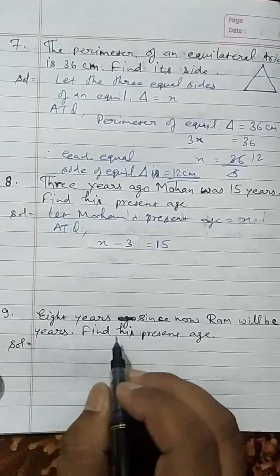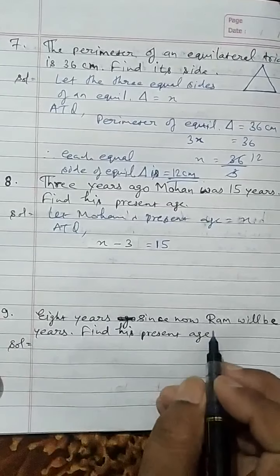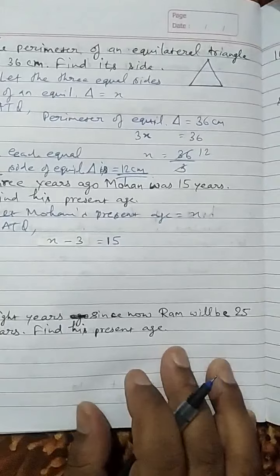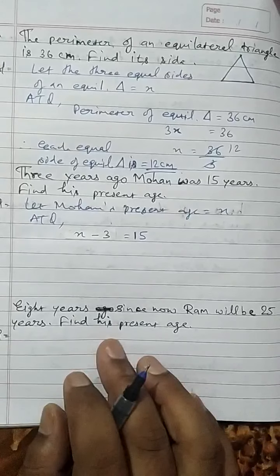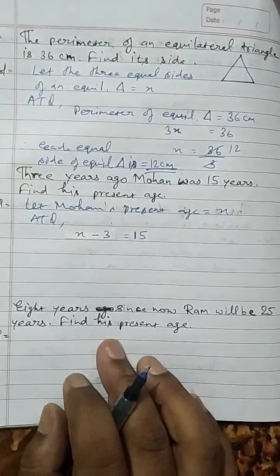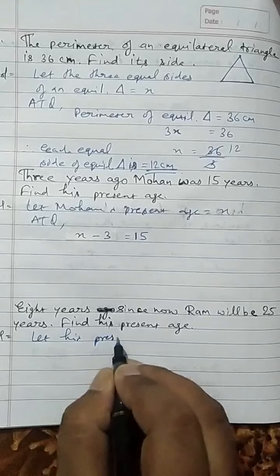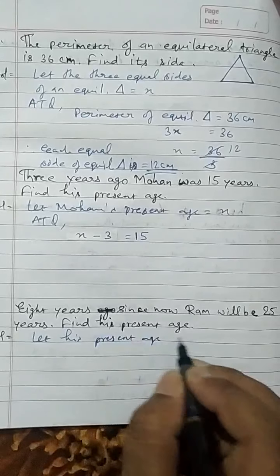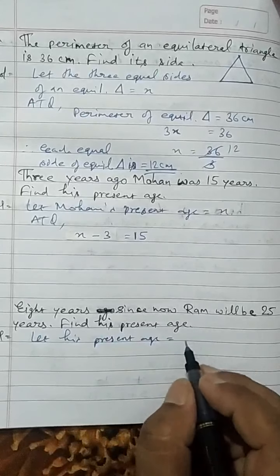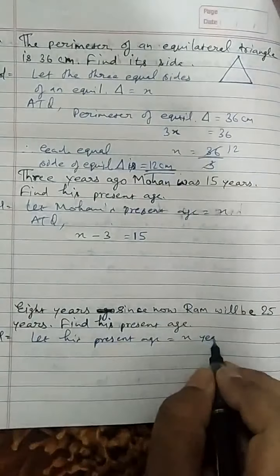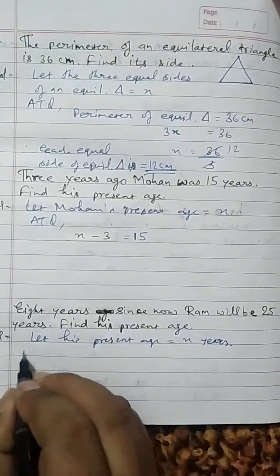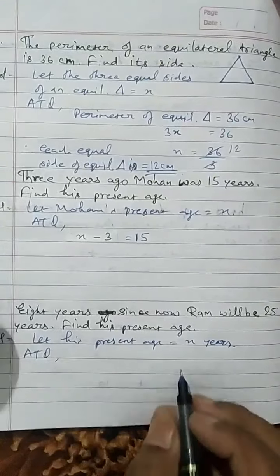Number 9 is, 8 years since now Ram will be 25 years. Find his present age. So let his present age be x years according to the question.